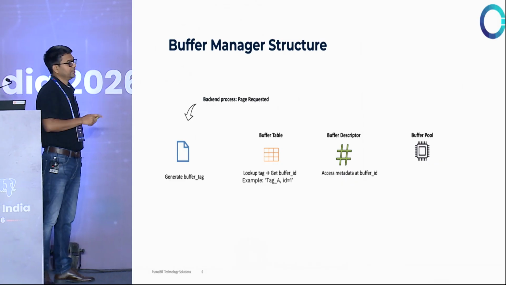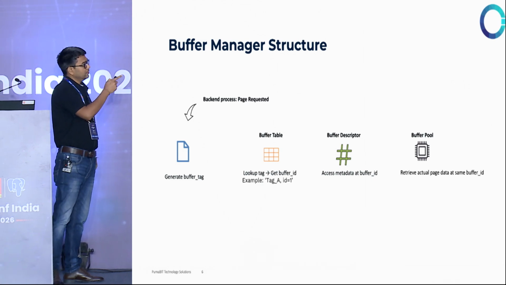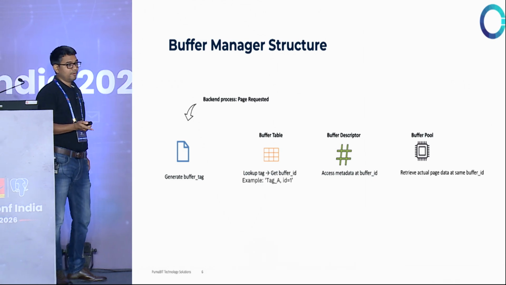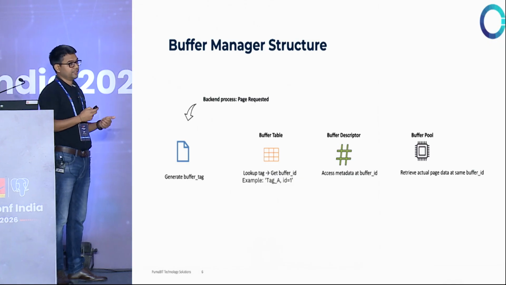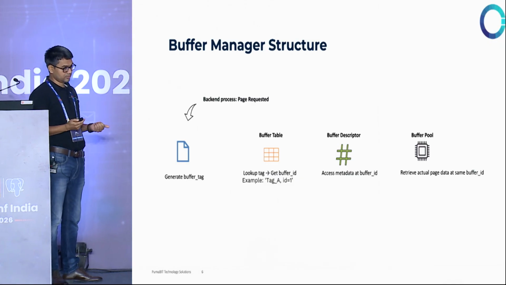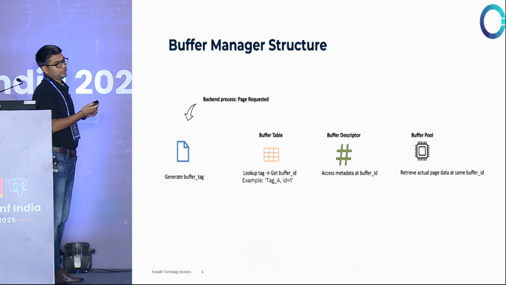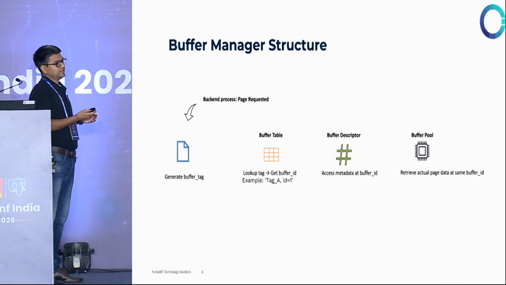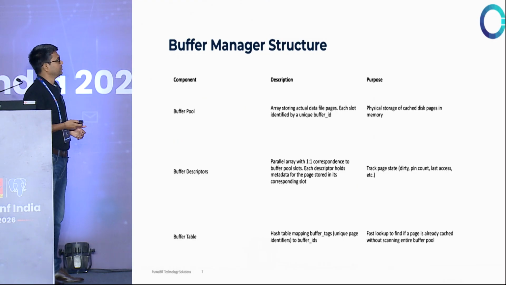That information is kept in the buffer descriptor, and with this information it finally goes to the buffer pool and gets my page, which we call a buffer slot. So that's how, if you want to visualize it, the flow generally works.